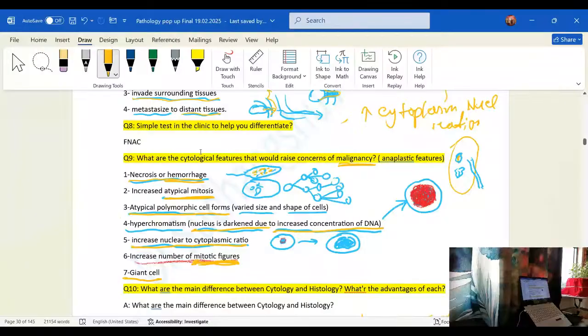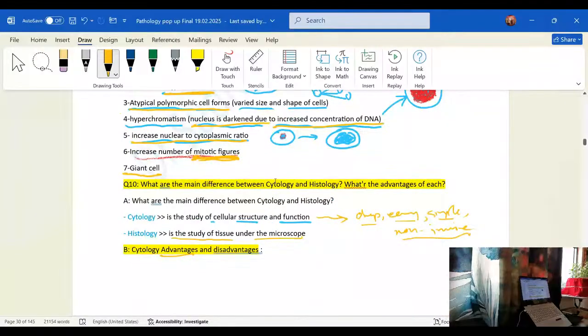What are the main differences between cytology and histology, and the advantages of each? Cytology is the study of cellular structure and function, and histology is the study of tissue under the microscope.